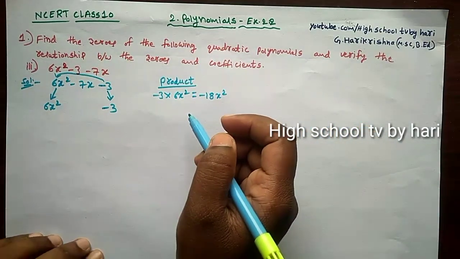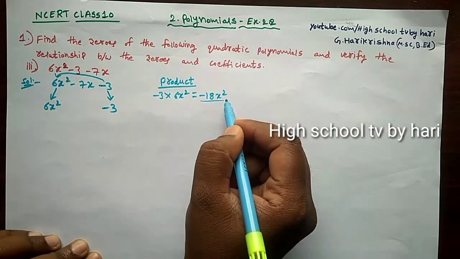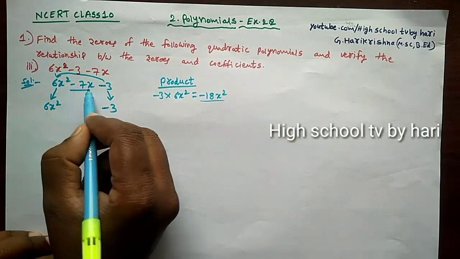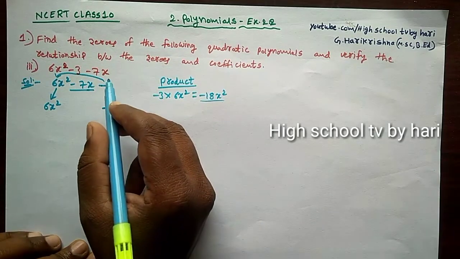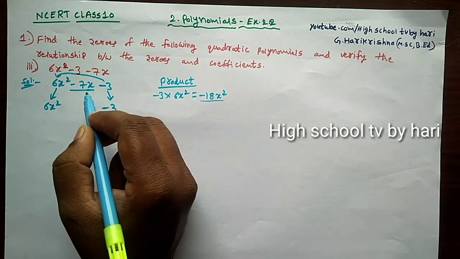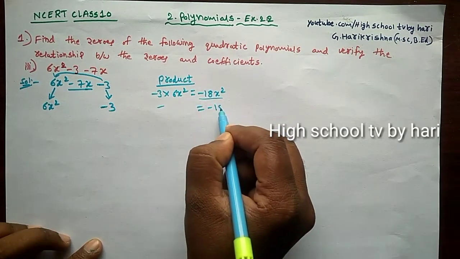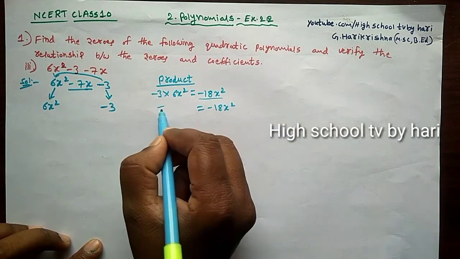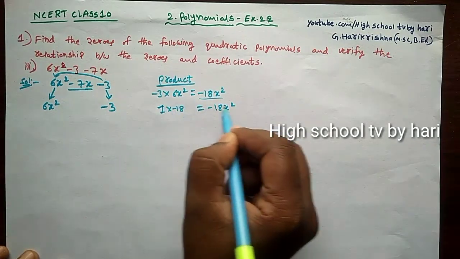So we have to find two integers whose product is minus 18x square and whose sum is minus 7x. This method is called finding the zeros by splitting the middle term. This minus 18x square can be written as 1 into minus 18.